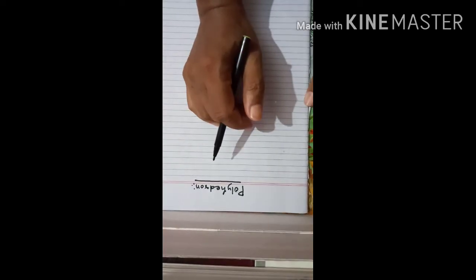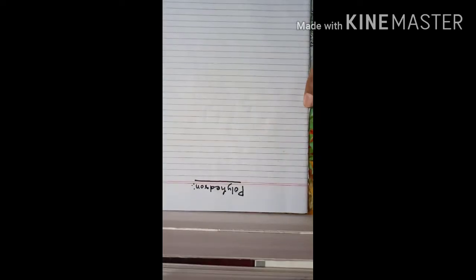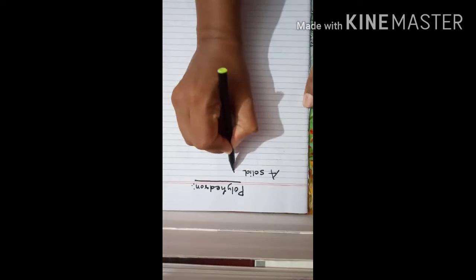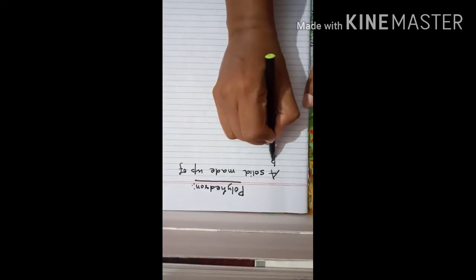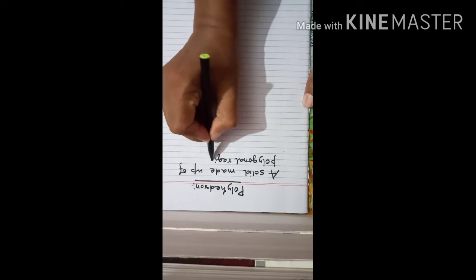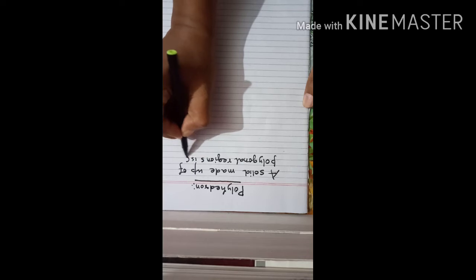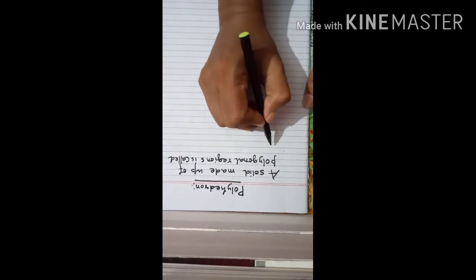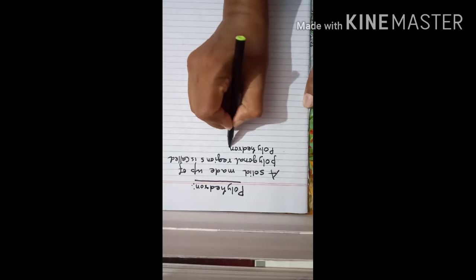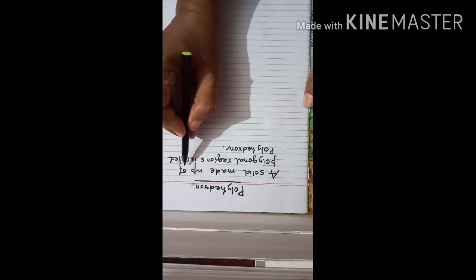A polyhedron is a solid made up of polygonal regions, each called a face.